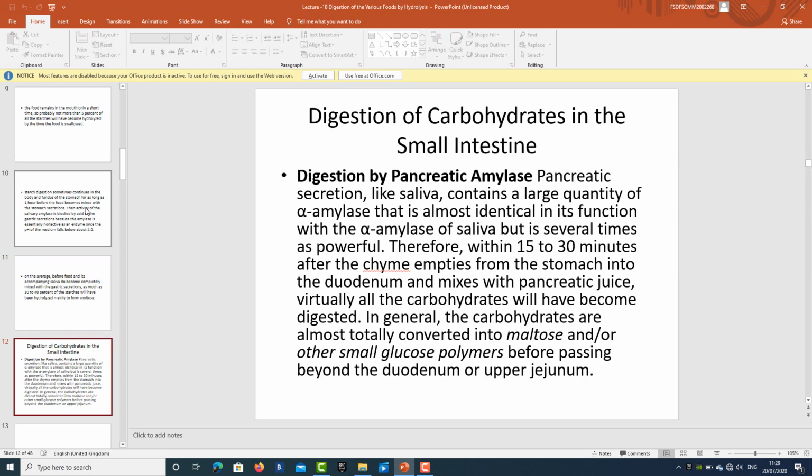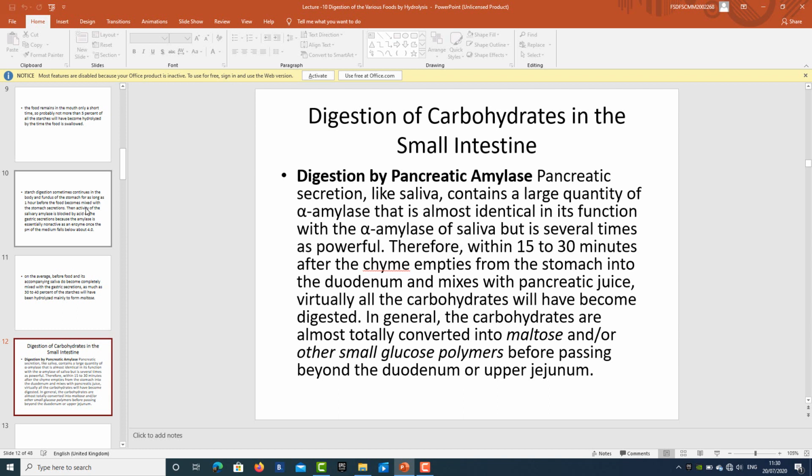Now, digestion of carbohydrates in the small intestine. Digestion by pancreatic amylase. Pancreatic secretion, like saliva, contains a large quantity of alpha amylase that is almost identical in function to the alpha amylase of saliva, but is several times more powerful.